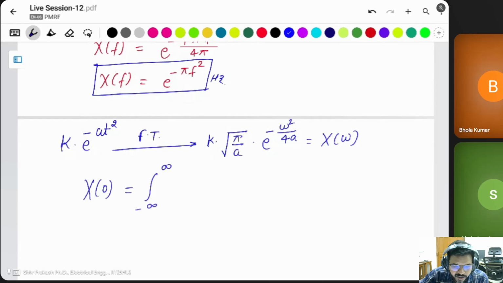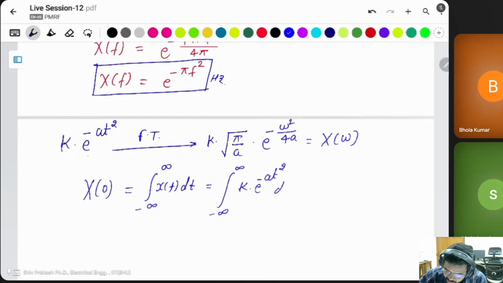Then j omega is equal to 0, e to power of 0 is equal to 1, and then only x(t) remains. x(t) is k into e to power of minus a t square dt.